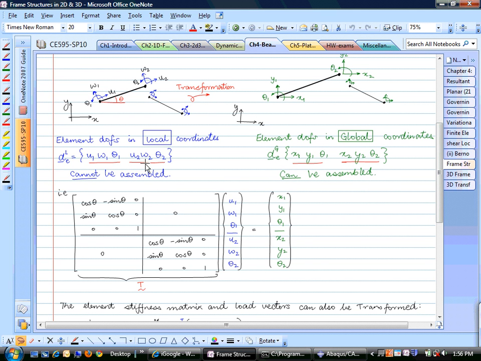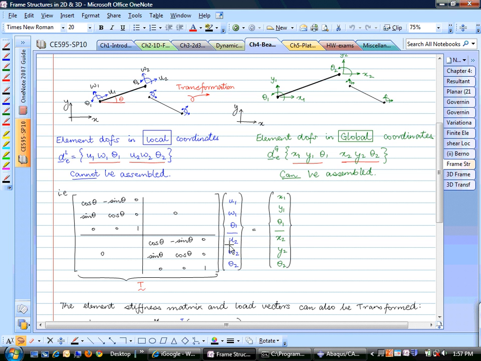We have 3 degrees of freedom per node. And if you want to transform these 3 degrees of freedom, which is U1, W1, theta 1, to X1, Y1, and theta 1, what you have is the regular good old transformation matrix of cosines and sines. In 2 dimensions, it is not that problematic. So using this matrix, you can transform the degrees of freedom from node 1 to degrees of freedom in the global coordinates at node 1.